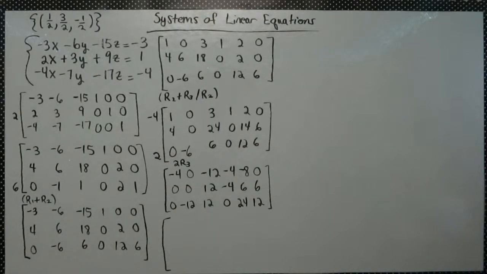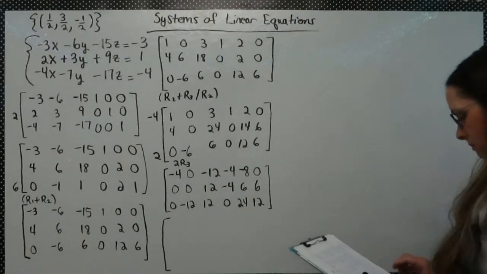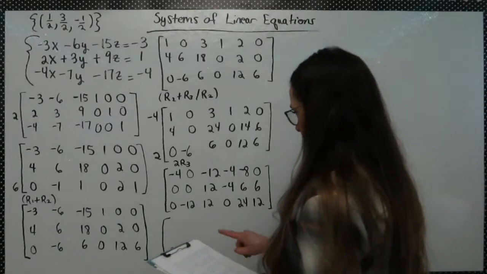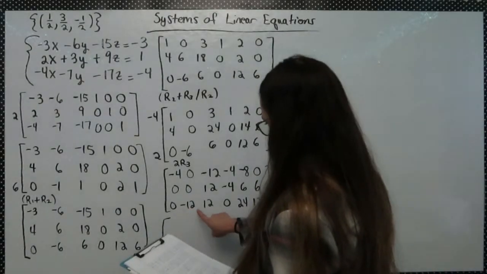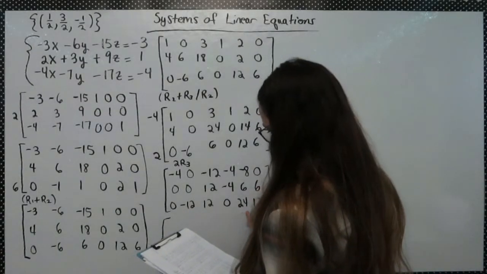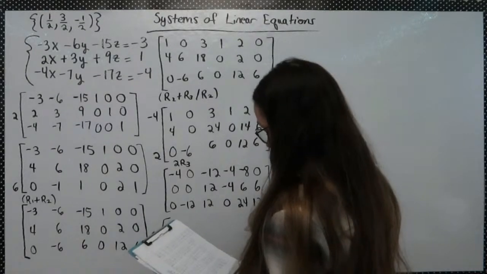And I just want to double check the numbers to make sure. It's 0, negative 12, 12, 0, 24, 12. Looks like I got it.